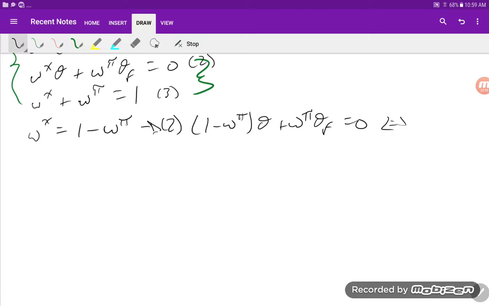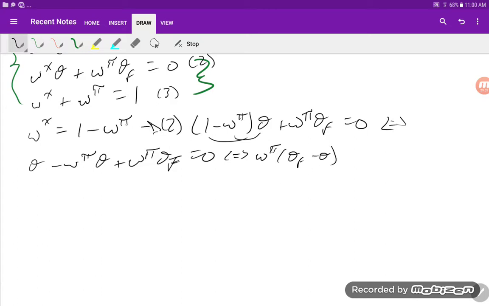Bringing this in: sigma minus w pi sigma plus w pi sigma subscript f is equal to 0, which is the same thing as w pi times sigma f minus sigma equals negative sigma.